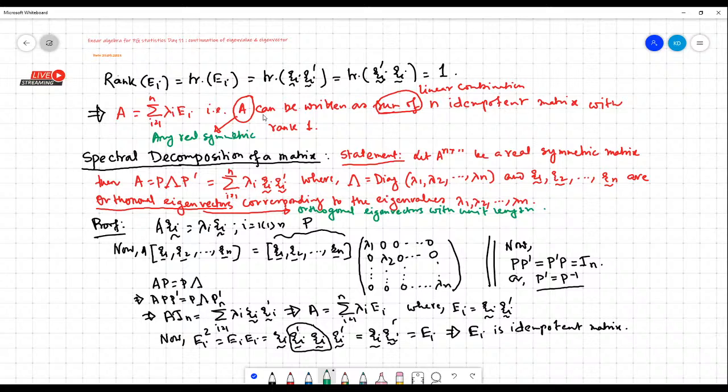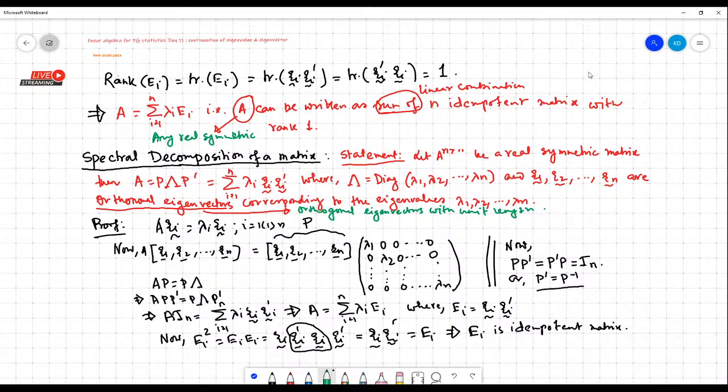Please tell me if you have any doubt. Anirban, Parmita, Biswanath, Shashwati, tell me any doubt?